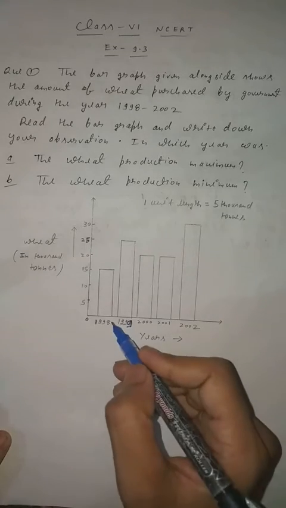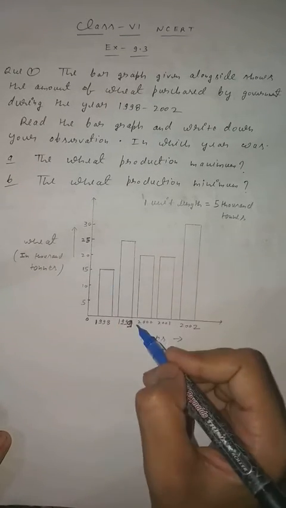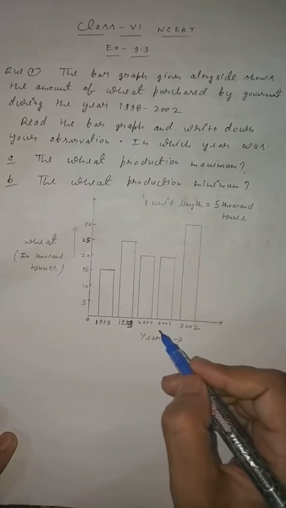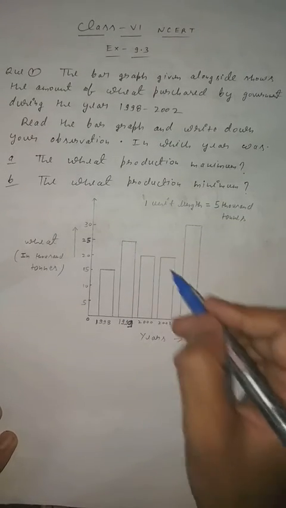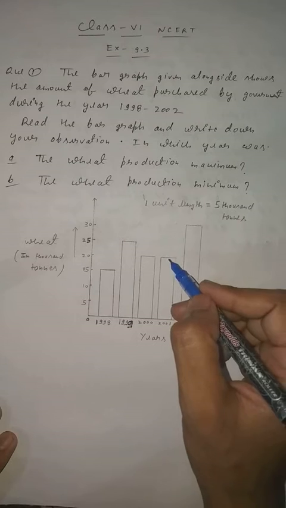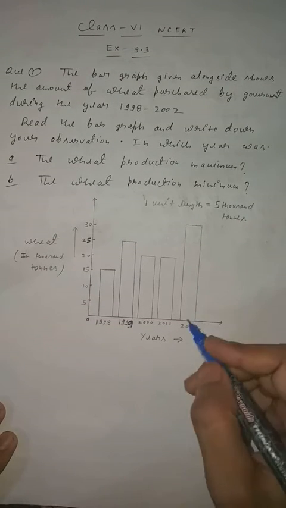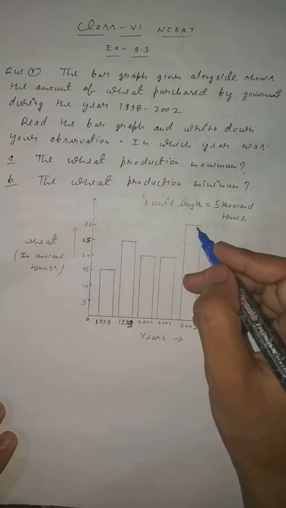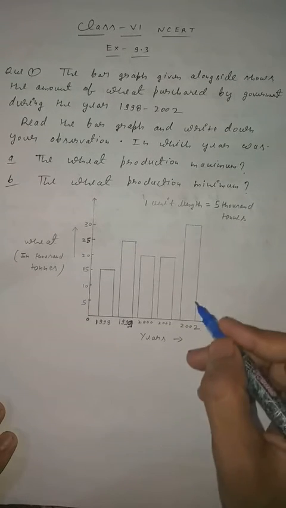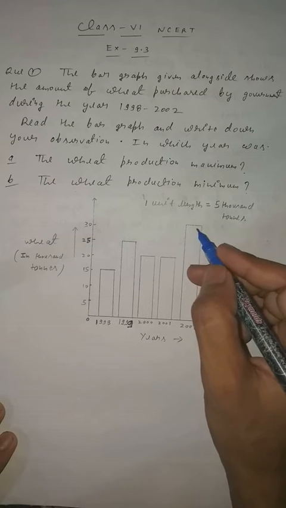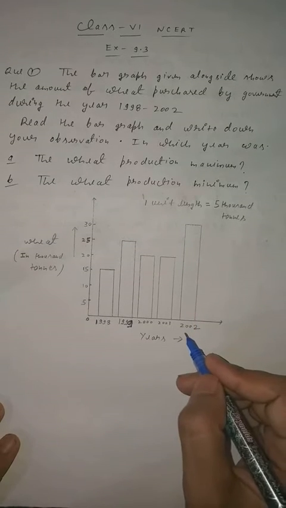Here you can see the 1998 bar is on 15, the 1999 bar is on 25, the 2000 bar is on 20, the 2001 bar is on 20, and the 2002 bar is on 30. So you can see this is the longest. Clear, students? In a bar graph you can easily see this is the longest, so the production should also be maximum.